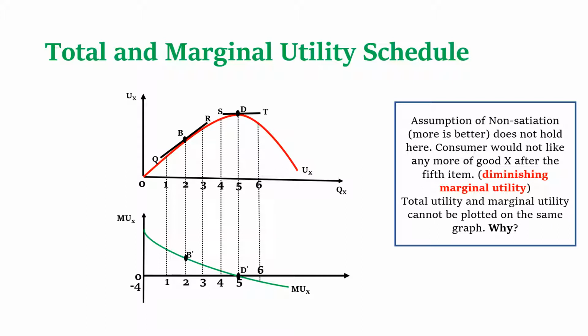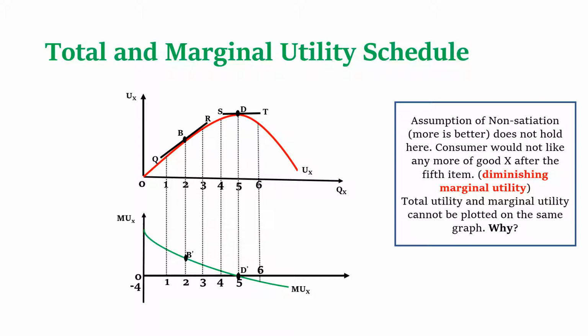Now let's look at the case where the assumption of non-satiation does not hold. If we look at the total and marginal utility graph here, we notice that the marginal utility, which is the slope of the total utility function, decreases as we consume more and more of the good.